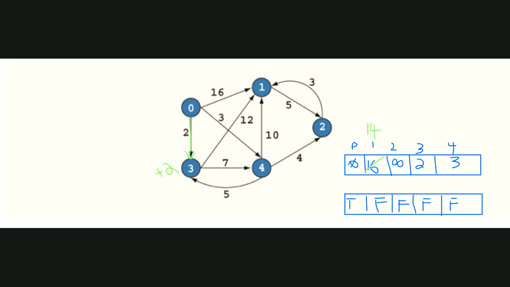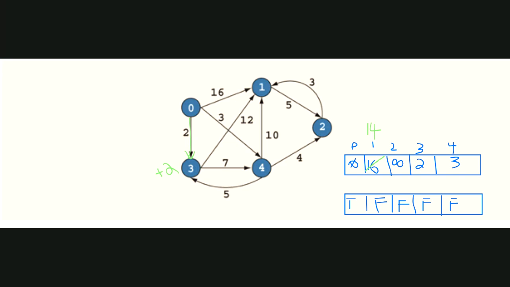Then I'm trying to go to 2. If I go here, and then from here I try to go to 2, I don't have a direct connection over there either. So that is still going to be infinity. And then I'm trying to go to 3. That stays the same. So that's the smallest one, that's 2. And then from there, I'm going to try to go to 4.